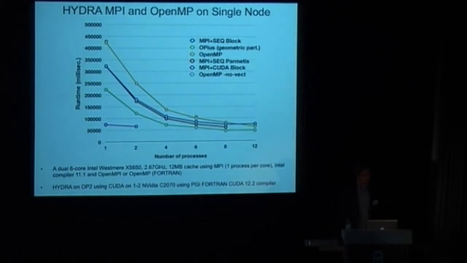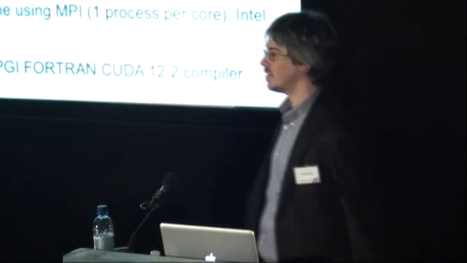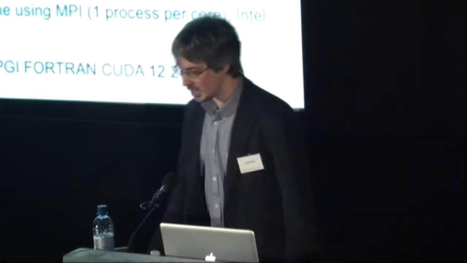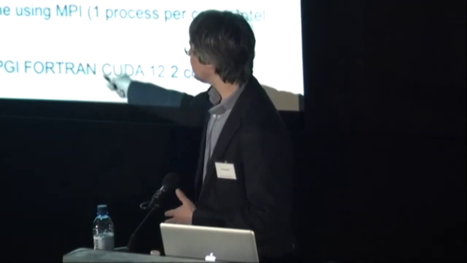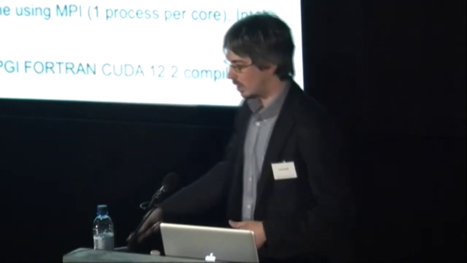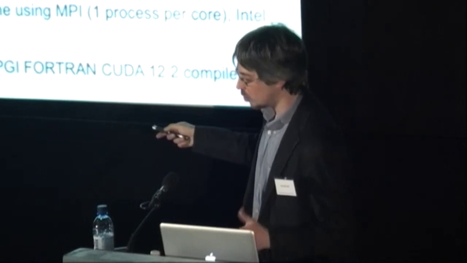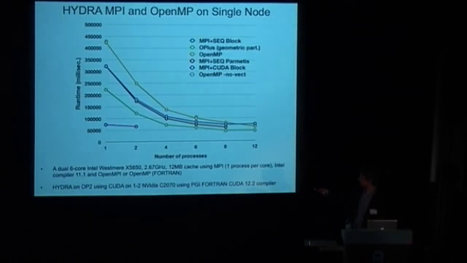I got this slide about comparing things, Hydra on single node, so either GPU, this line here, and so on single node, multiple GPUs, 1 GPU and 2 GPUs, and so MPI plus CUDA, it's the case here. And also OP2 compiling to OpenMP, the yellow line, and compiling to MPI without anything else, so sequential nodes.